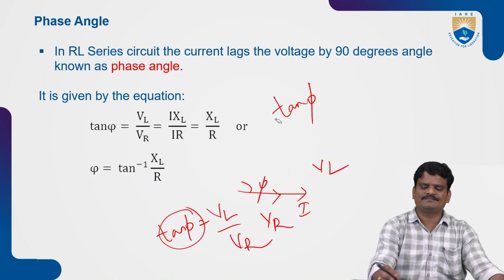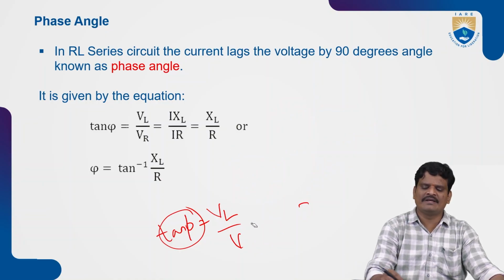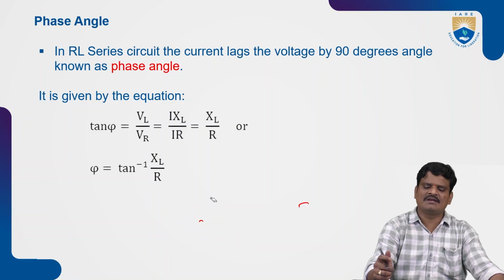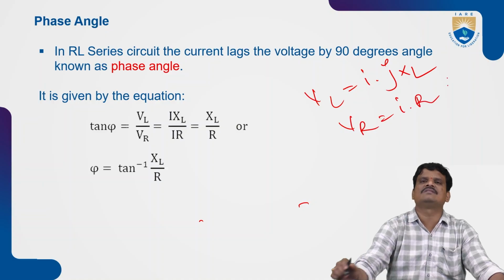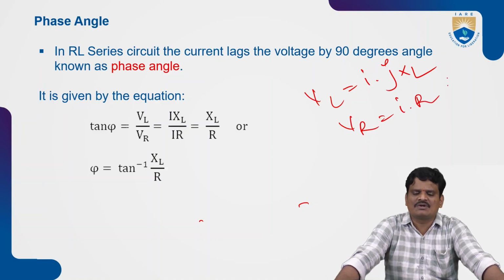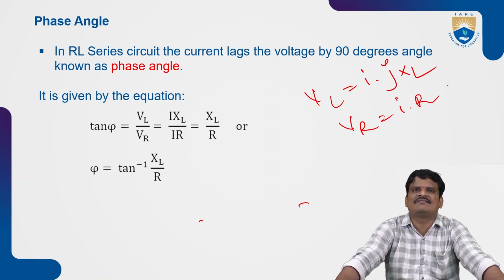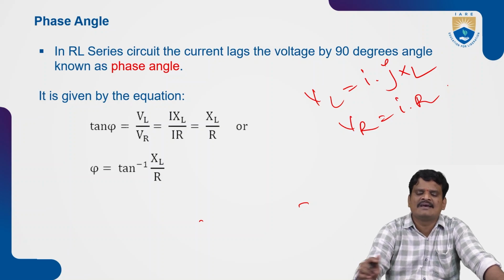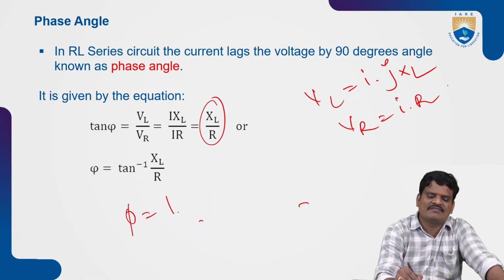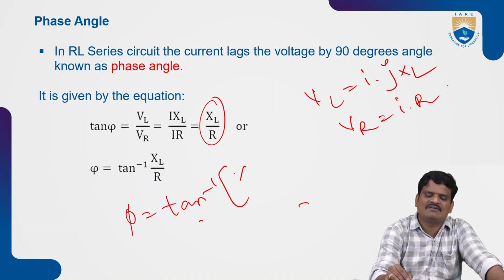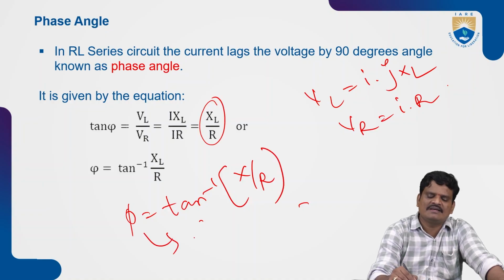And we know the value of VL is I into jXL, and VR is I into R by Ohm's law. Just substitute all those parameters, and we get tan phi for a series RL circuit as XL by R, and the phase angle phi can be considered as tan inverse of XL by R. This phi is considered as the phase angle.